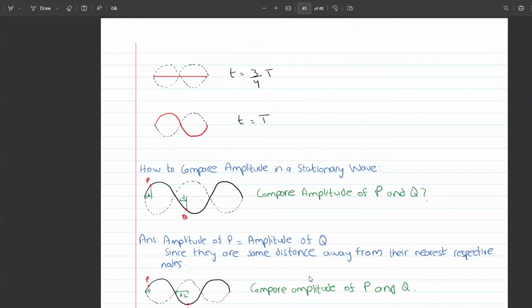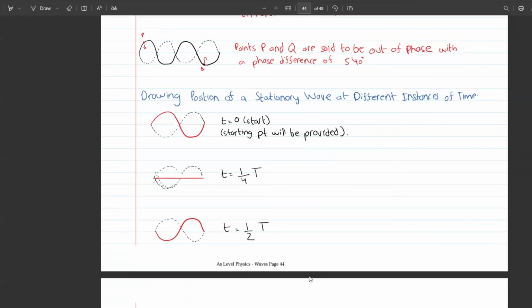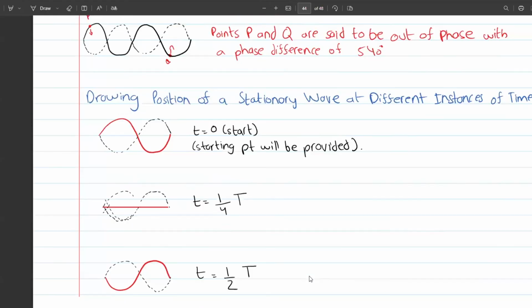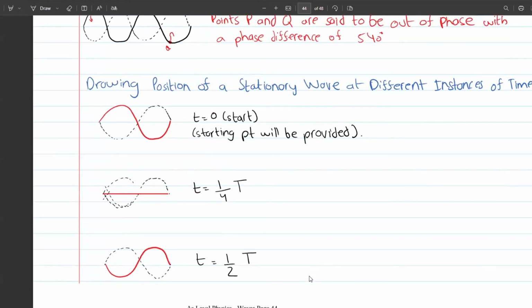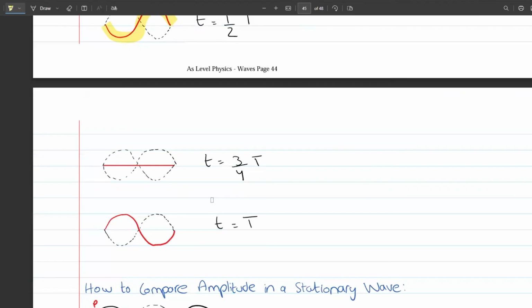Beta, if you have a stationary wave, the time period gets divided into four. Initially, the stationary wave is like this. After a quarter of a time period, the stationary wave becomes flattened out. After another quarter, the stationary wave becomes this. After another quarter, it again flattens out.